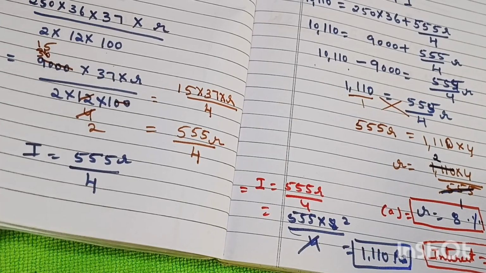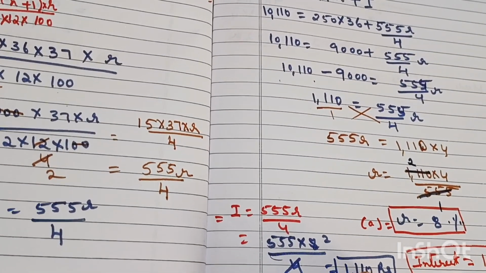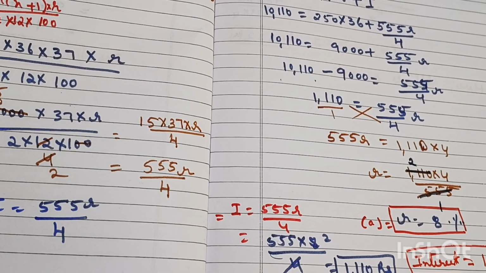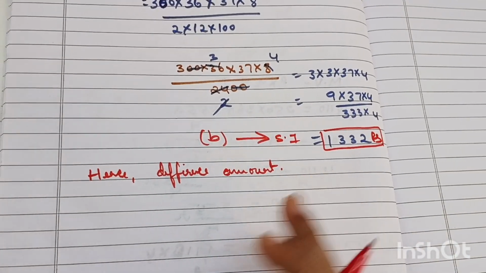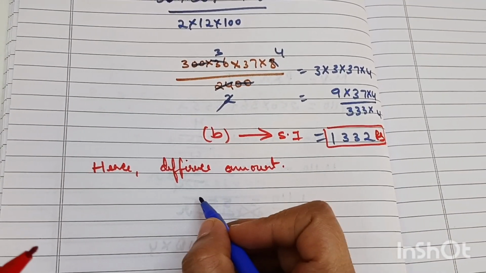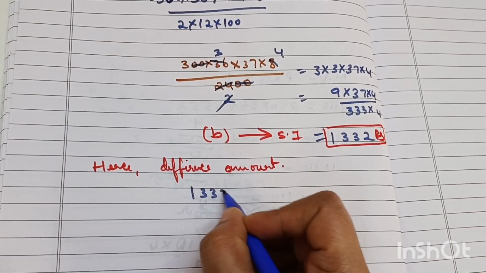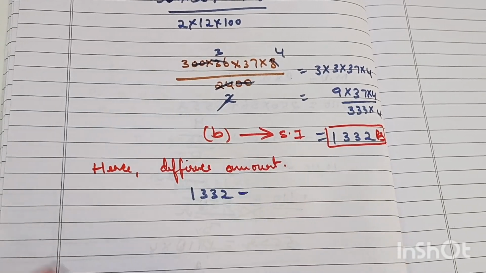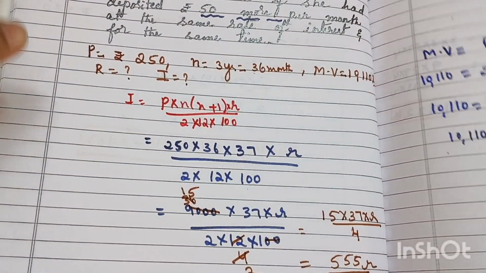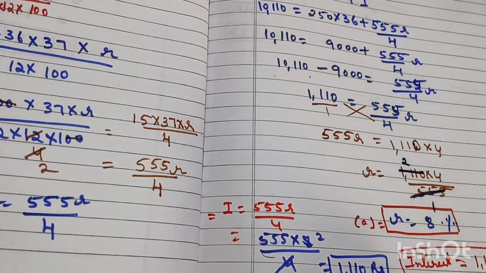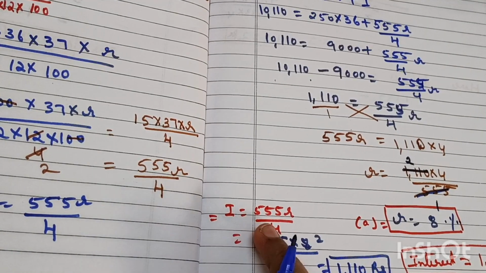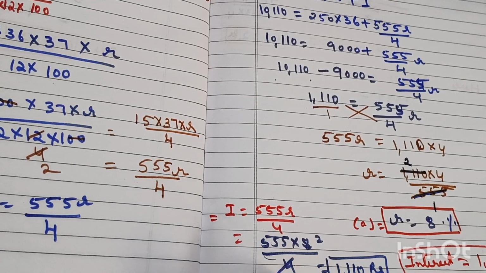Okay. This interest we have found. The difference amount here is 1332, when 50 rupees are added, minus the earlier interest.